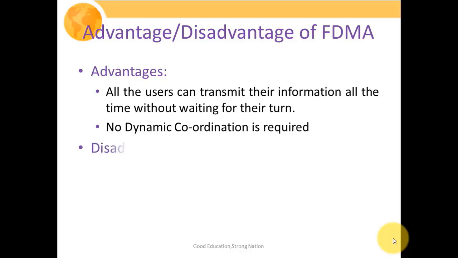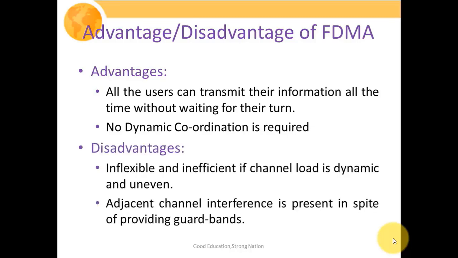Since we have implemented a static system, the disadvantages of FDMA are that it is inflexible and inefficient if channel load is dynamic and uneven. Obviously, if we have implemented a static mechanism to access or share the medium, it is not flexible, and the functionality becomes inefficient if the user is generating uneven traffic.